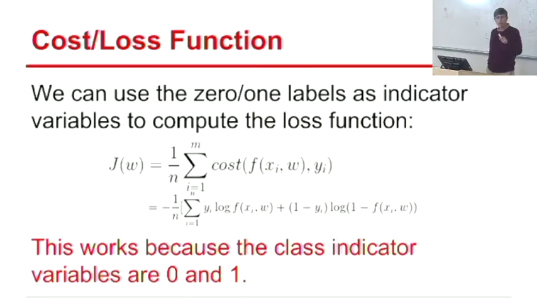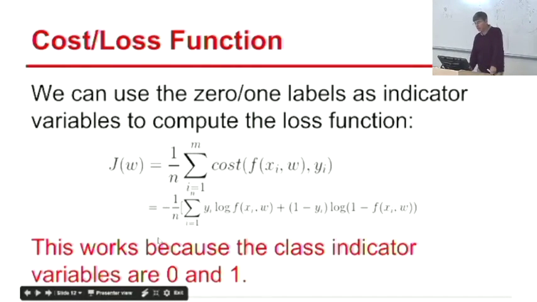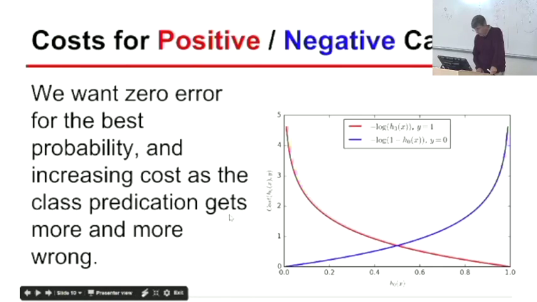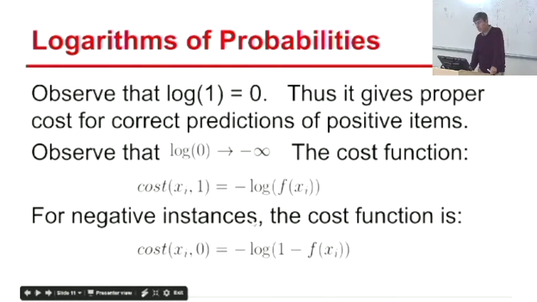Why are we adding the negative sign? Because all of these punishments are negative. If you look at the original, we said that the cost function should be negative for both this and this, because the log of a value that's less than 1 is going to be negative.